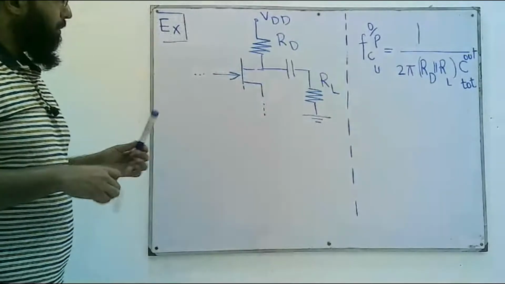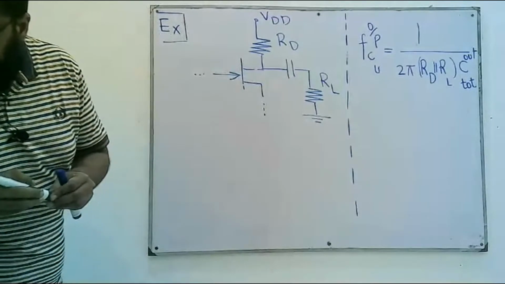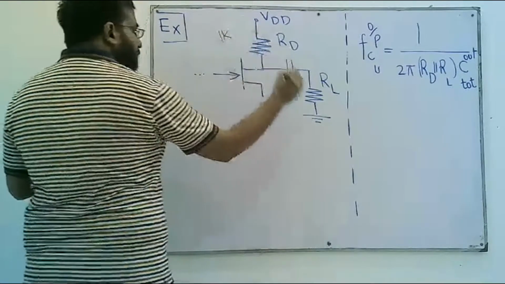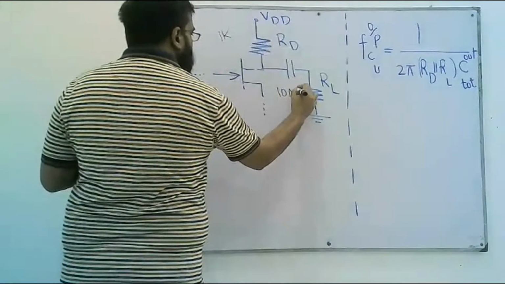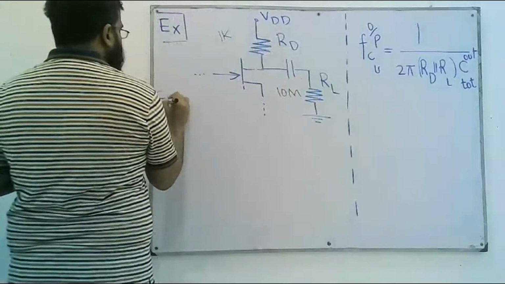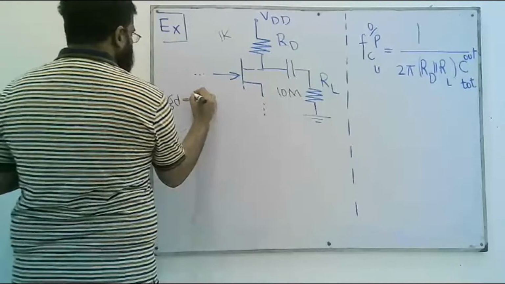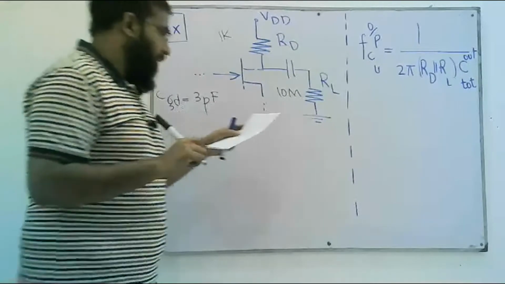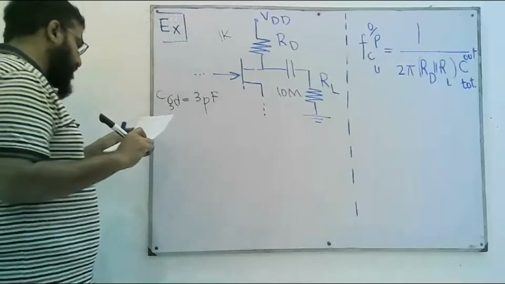The problem was this: RD was 1K, RL is 10 meg, and CGT is 3 picofarad. We have taken this problem from the last lecture.